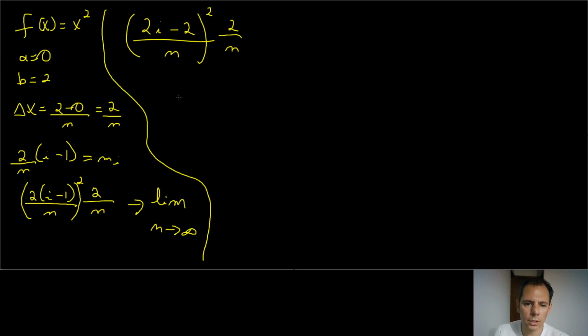I just want to do this slowly. So this is going to be 4i squared minus 8i plus 4, divided by n squared. And this whole thing is being multiplied by 2 over n.